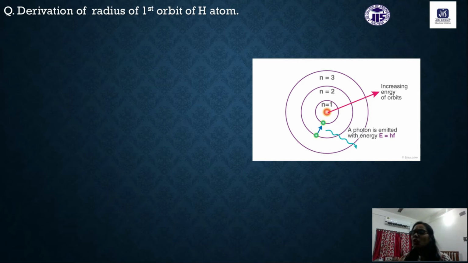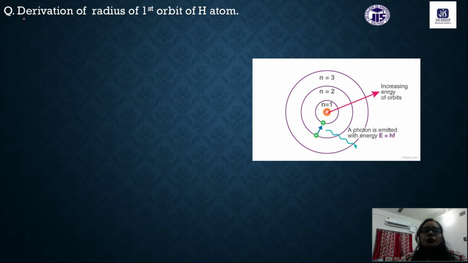Also, Rutherford cannot explain the line spectra of hydrogen atom, but according to Bohr's theory, the emission or absorption of that energy gives us the line spectra of the hydrogen atom. So the line spectra of hydrogen can also be explained by Bohr's theory.